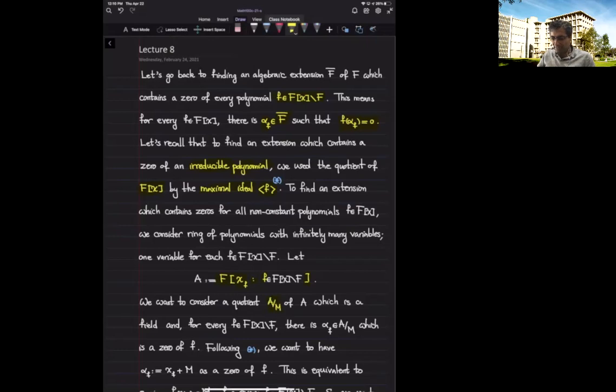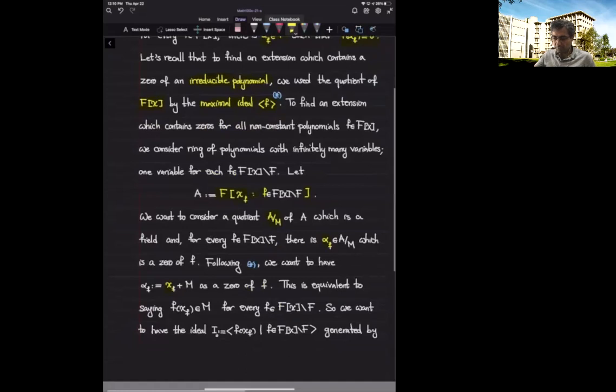But what zero? Again, going through the model that we have over here, the zero was represented by x. So here we want alpha sub f to be represented by x sub f plus M. Again, following this one variable, one polynomial at a time, we want to set alpha sub f to be the coset represented by x sub f, and we want this to be a zero of the polynomial f.